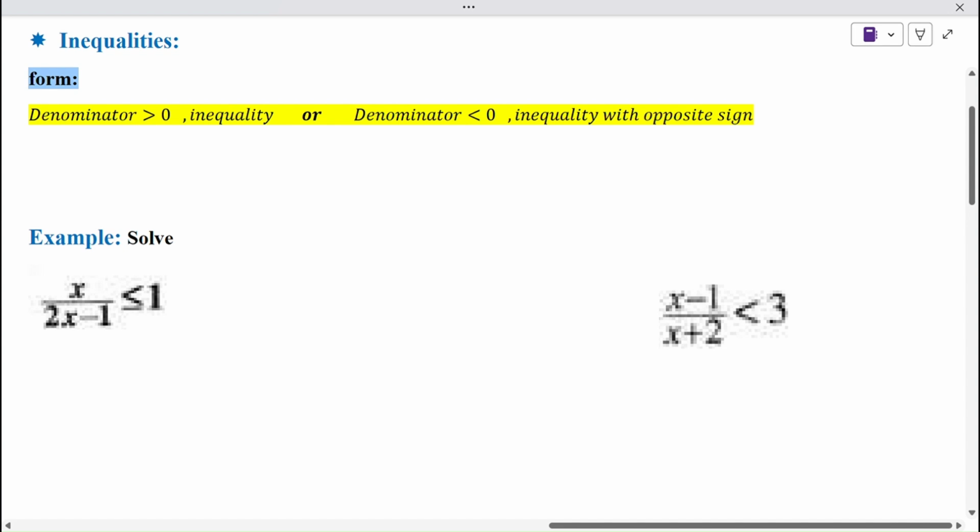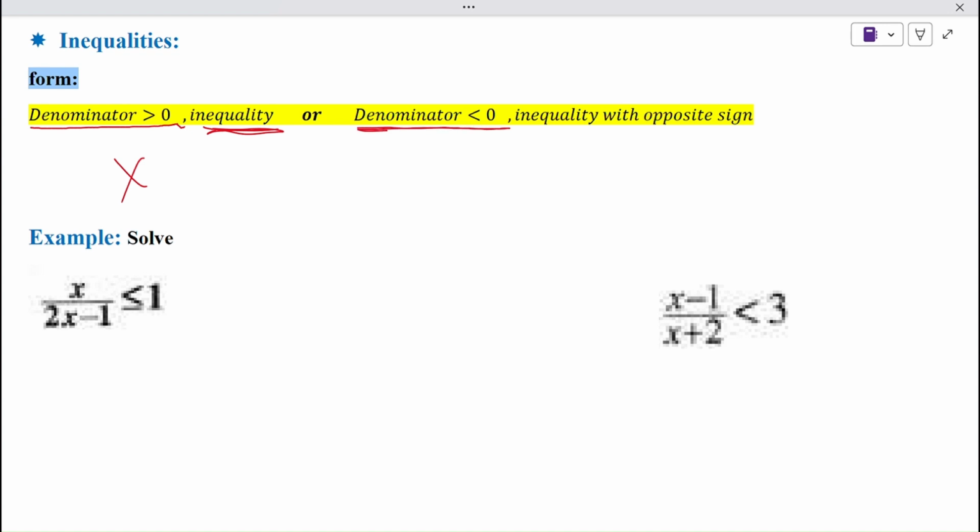If the denominator is greater than 0, then write down the inequality, then find out the value of x. On the other side, if the denominator is less than 0, then write down the inequality with the opposite sign, then find out the value of x. Let me write down and let me solve these questions.